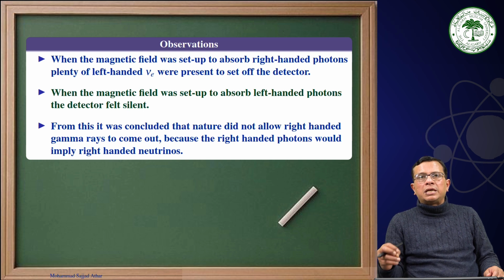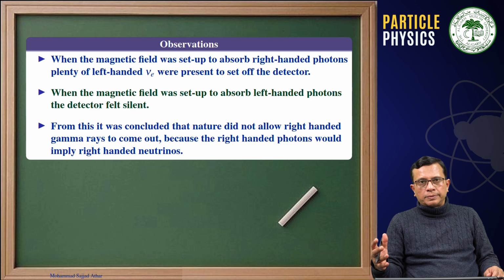Therefore, by measuring the polarization of the photon, it was inferred that all neutrinos are left-handed in nature. This experiment concluded that neutrinos are left-handed, and then similarly an experiment was done to see that anti-neutrinos are right-handed. Thank you very much.